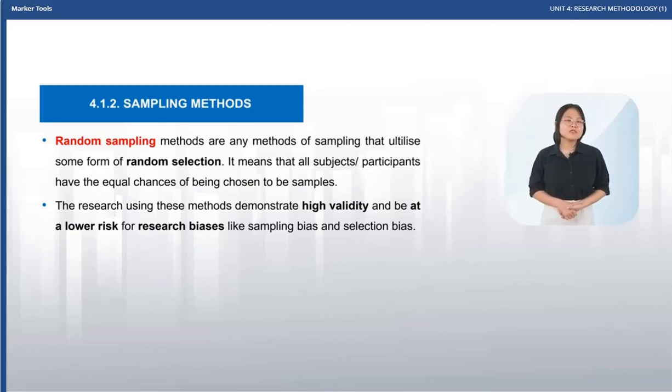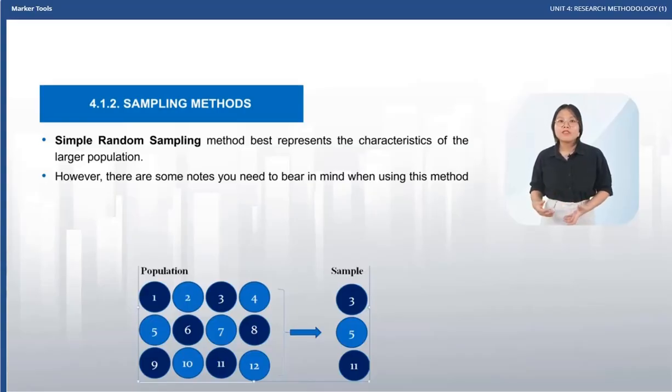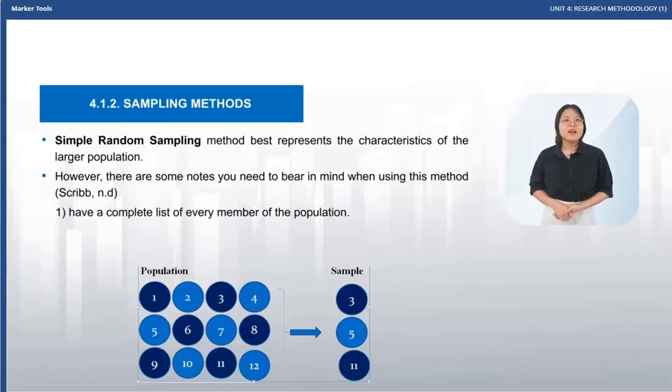Now let's come to the first type of random sampling. Simple random sampling actually best represents the characteristics of the larger population. However, there are some things that you need to remember when you use this method. The first one, you need to have a complete list of every member of the population.